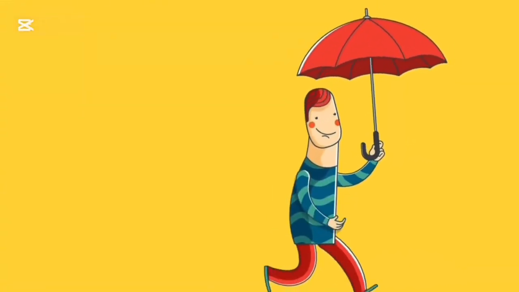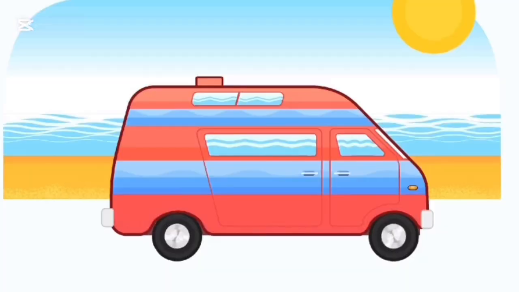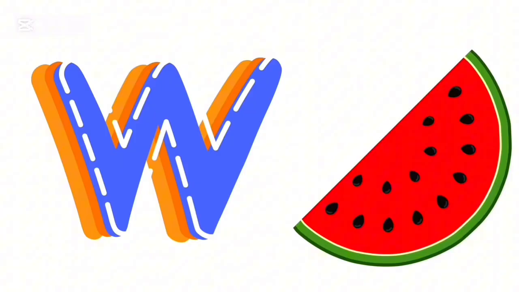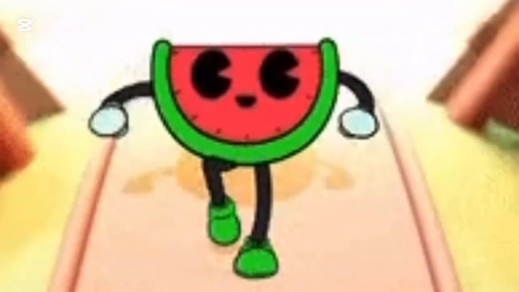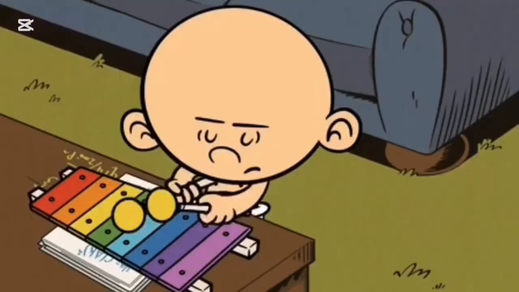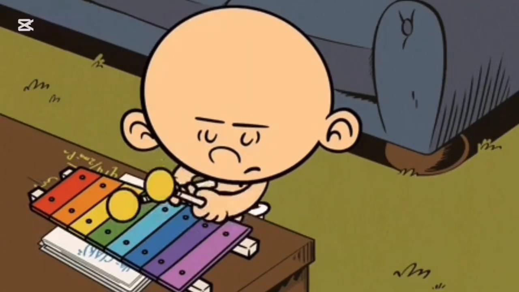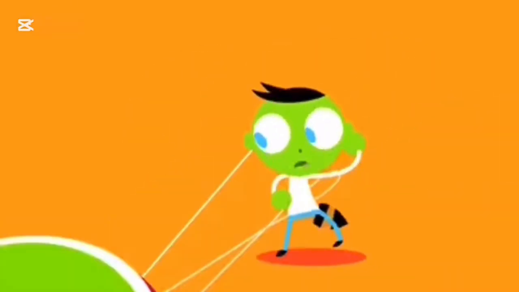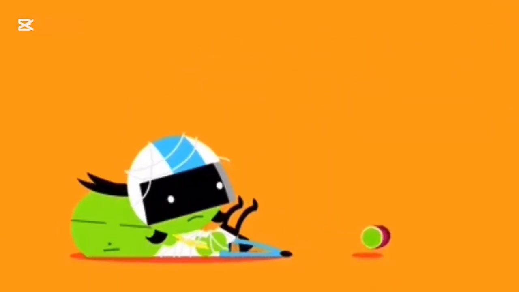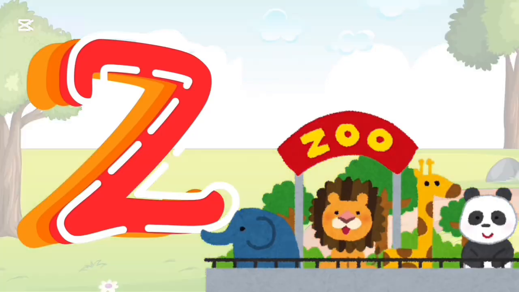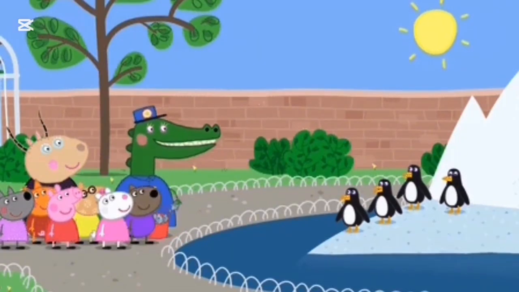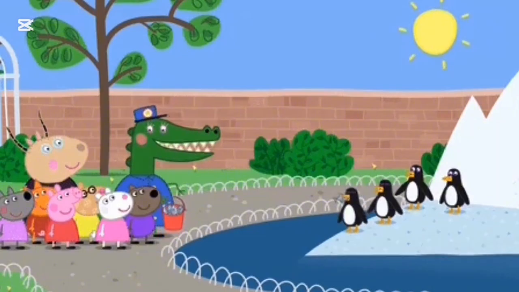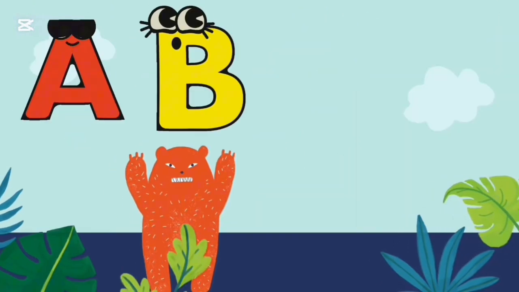V is for van. W is for watermelon. X is for xylophone. Y is for yo-yo. Z is for zoo. Yes, I know my ABC.